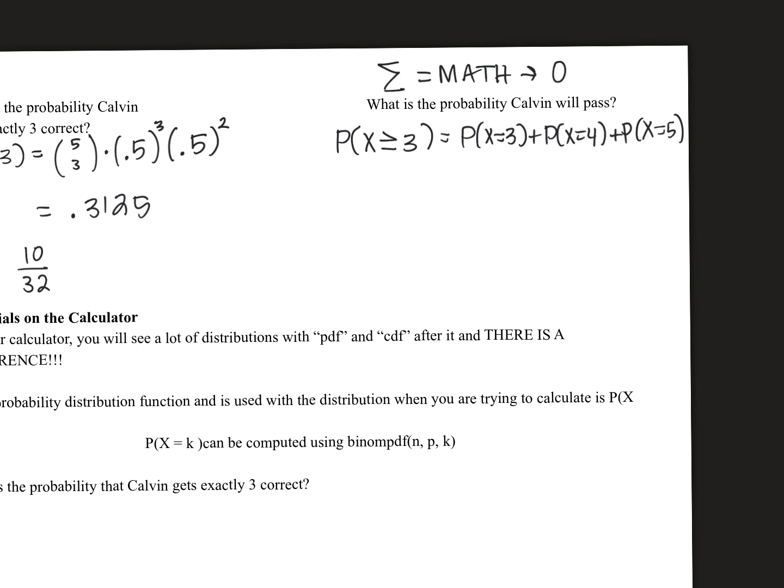So when it comes to plugging this into our calculator, we do sigma. We're going to do x equals 3 at the bottom because we're starting at 3, and at the top is 5 because that's our last value. And then we'll do n choose, typically it would be n choose r. So we're going to do 5 choose x because our r is going to change each time. So x equals 3.